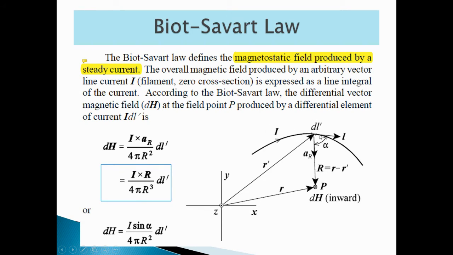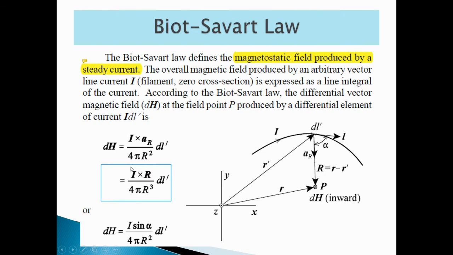For a small distance dl, we have a very small amount of magnetic field dH, which is proportional to the current multiplied by dl and the inverse square of the distance between them, with a constant 1/4 pi.